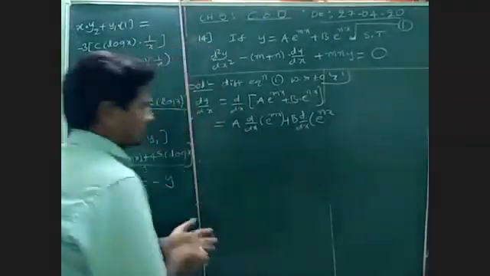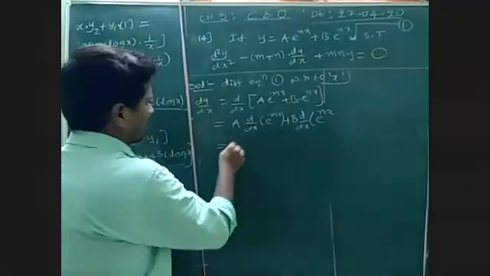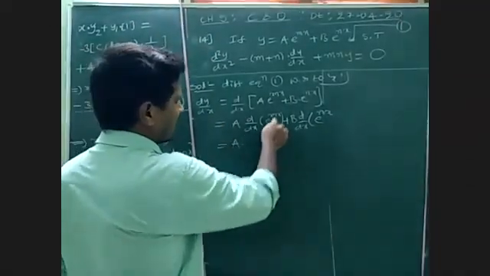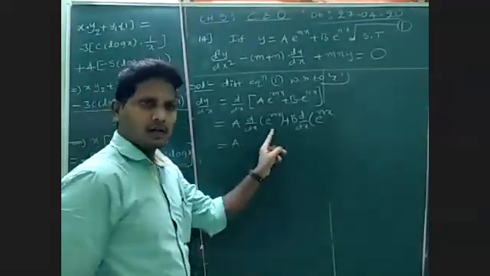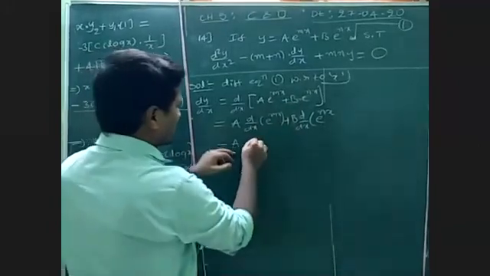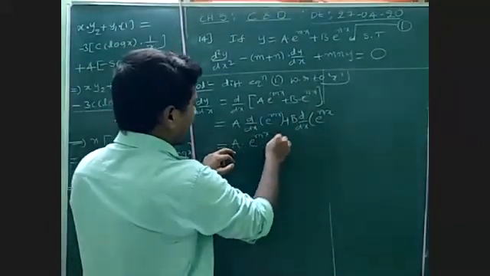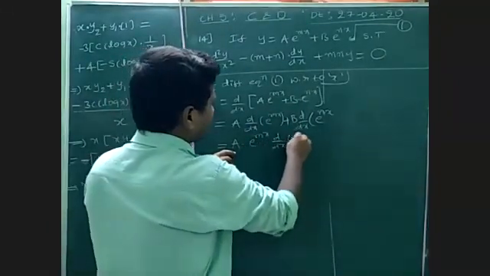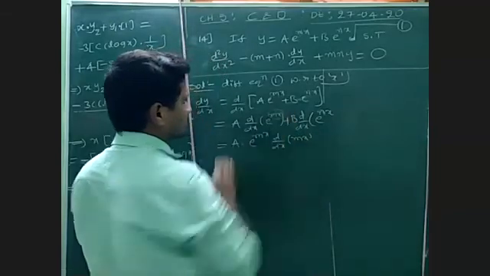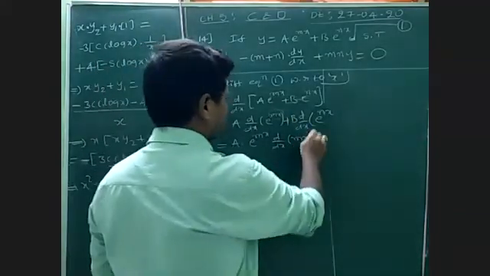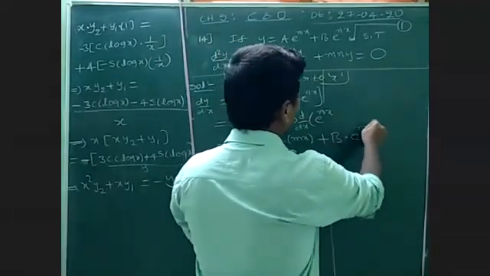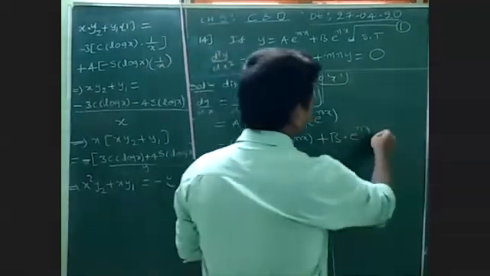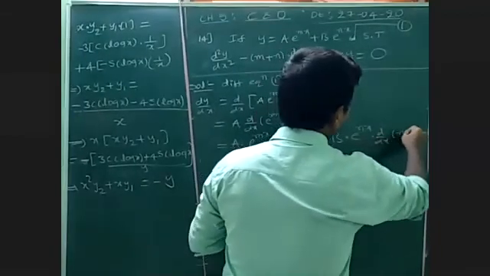Okay, right now a into what is the derivative of e power mx? First again chain rule here. So e power mx is e power mx, again the derivative of mx, this power mx derivative, plus b into e power nx is e power nx only, again the derivative of nx.